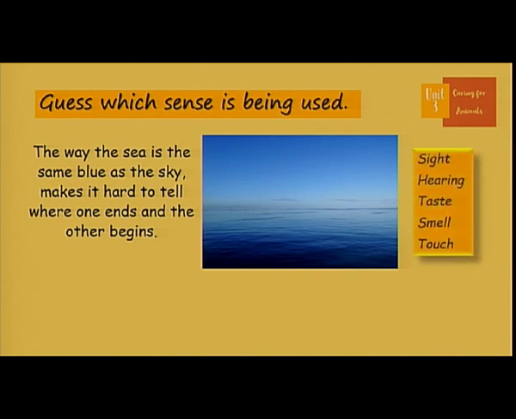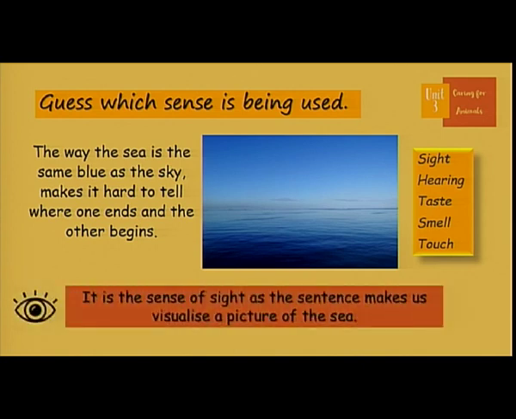Sight, hearing, taste, smell, or touch? Yes, I am sure you must have guessed it correctly. It is the sense of sight, as the sentence makes us visualize a picture of the sea.